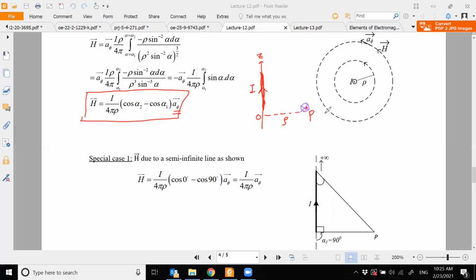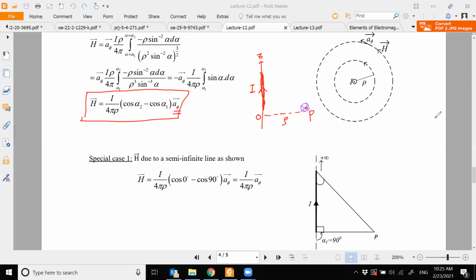So if you put your thumb towards the current direction, then the magnetic field is going inside the laptop screen. So that's why I put a cross. I hope you guys know about these notations.